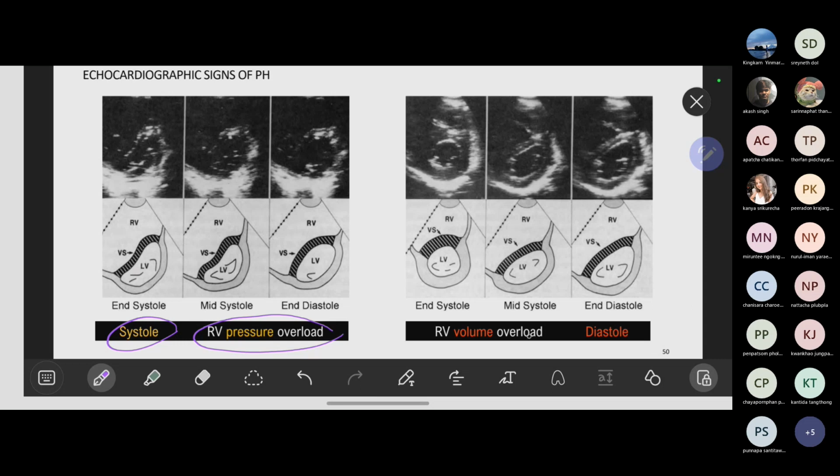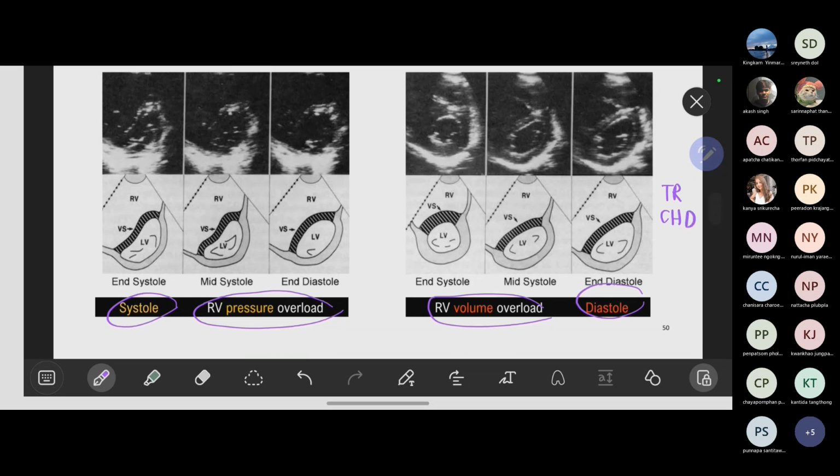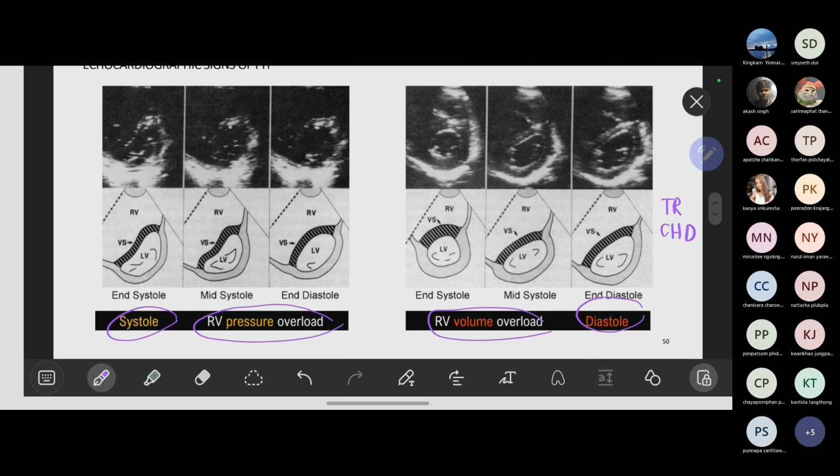And RV volume overload causes eccentricity of the interventricular septum during diastole, such as a patient with isolated RV volume overload due to tricuspid regurgitation or right-sided volume overload from congenital heart disease. This may also be called a D-shape.